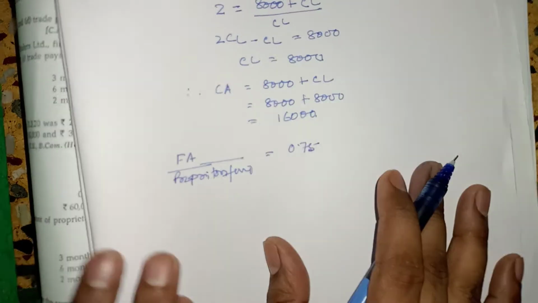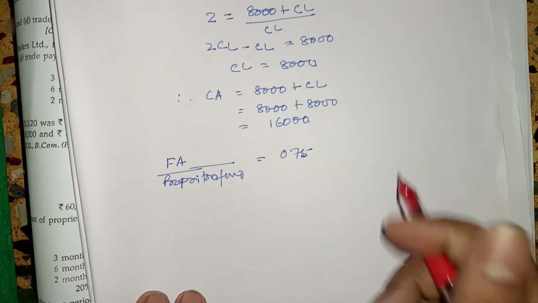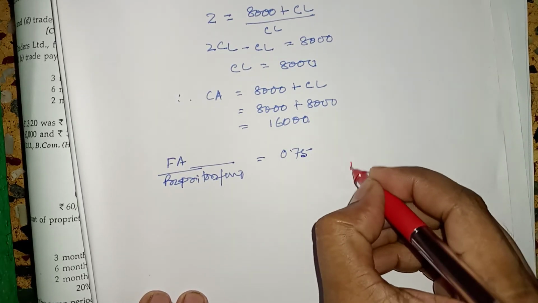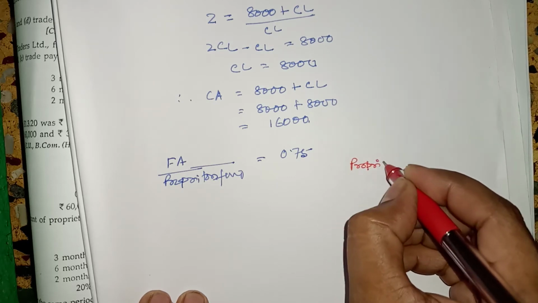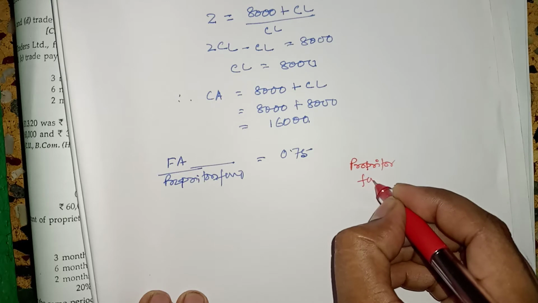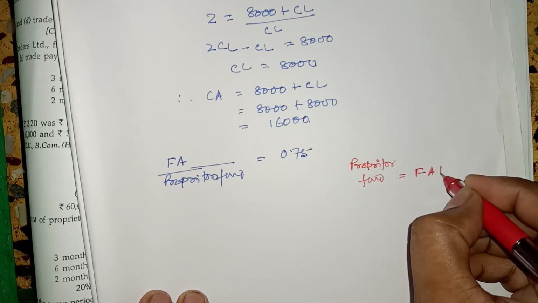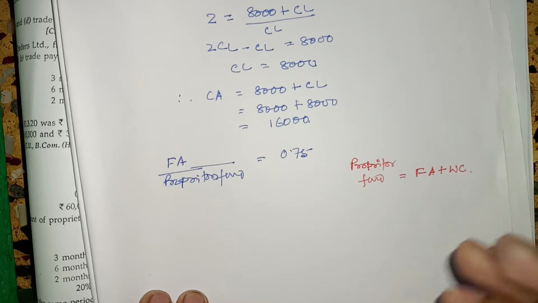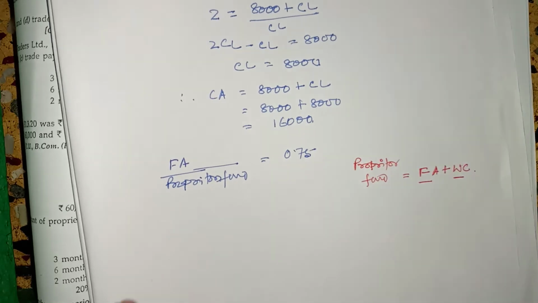Now it is a very important formula that we know: proprietors fund is equal to fixed assets plus working capital. Very important formula, fixed assets plus working capital.